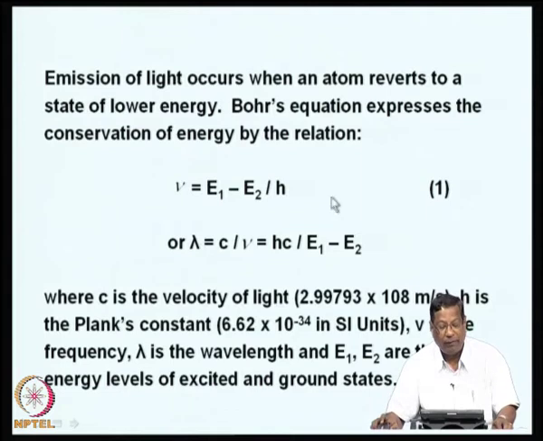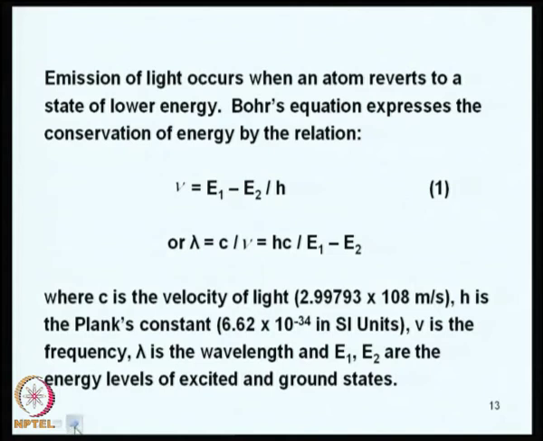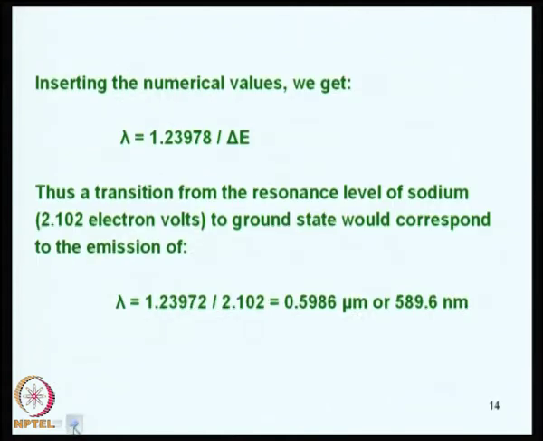So, the wavelength can be simply calculated using this simple formula, lambda is equal to c by mu, which corresponds to h c divided by E1 minus E2. Here c is the velocity of light, h is the Planck's constant, all this we have discussed earlier, mu is the frequency, lambda is the wavelength, and E1 and E2 are the energy levels of the excited and ground states.